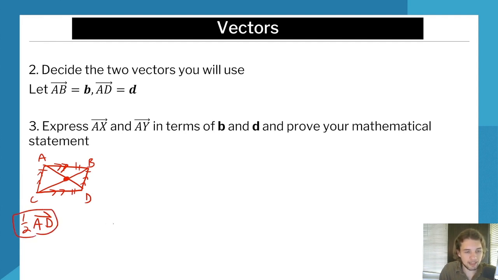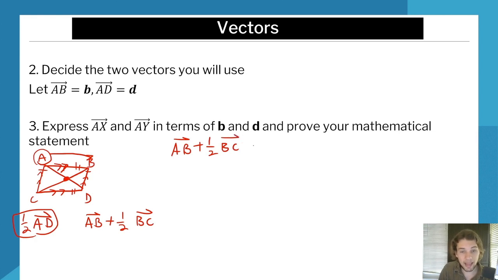Now the position on B to C, we're going to do A to B plus halfway B to C. The reason we're adding A to B is that we're trying to find a position relative to A, so we need to move to B before we can go halfway down this line, to consider everything in terms of the position of A. So what we want to prove is that A to B plus half B to C is the same point as half of A to D.